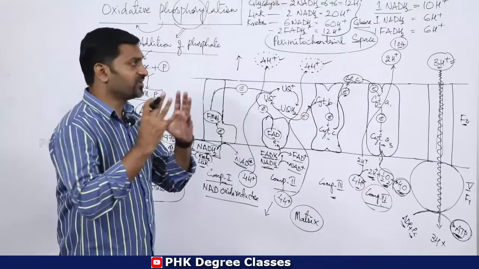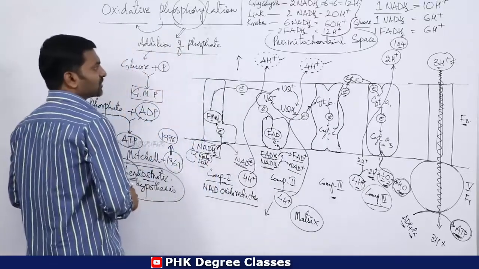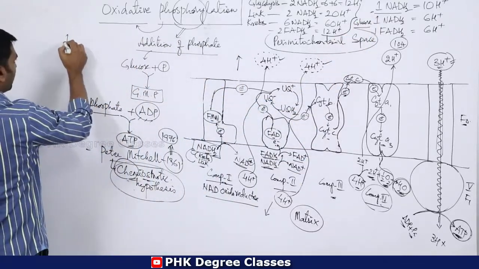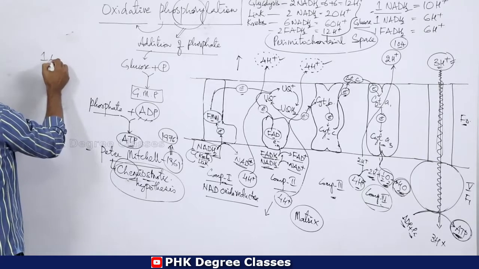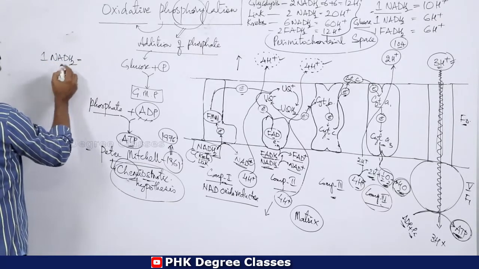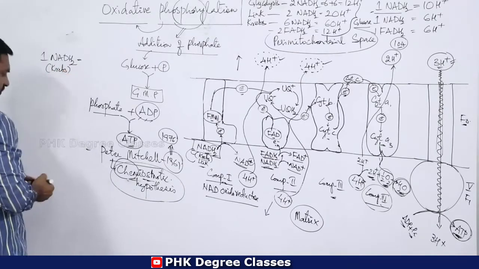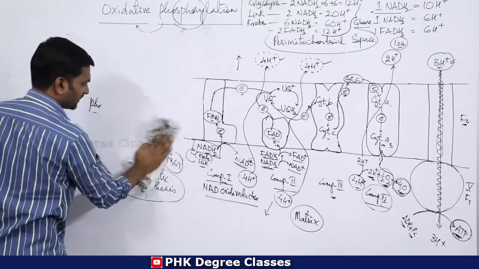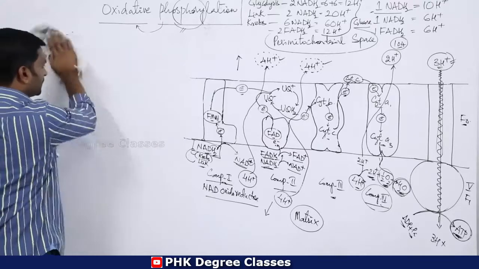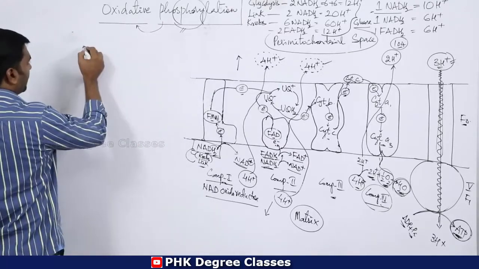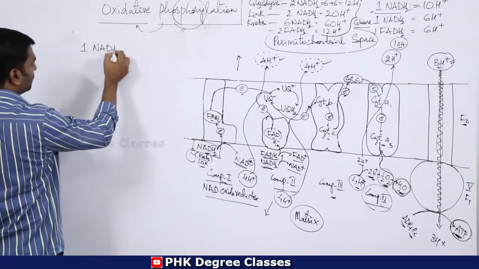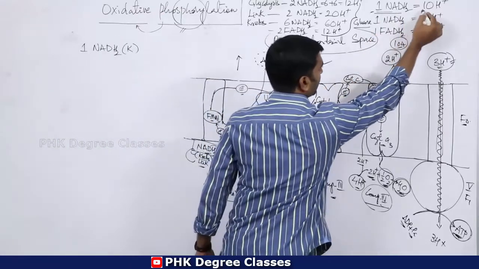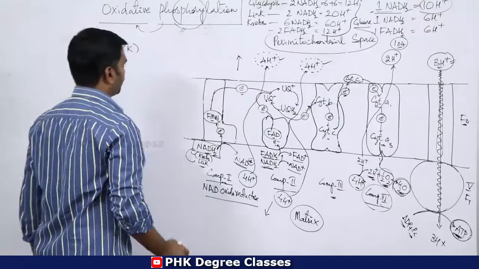Now just analyze the information. One NADH2 of the Krebs cycle is equivalent to how many protons? 10 protons.